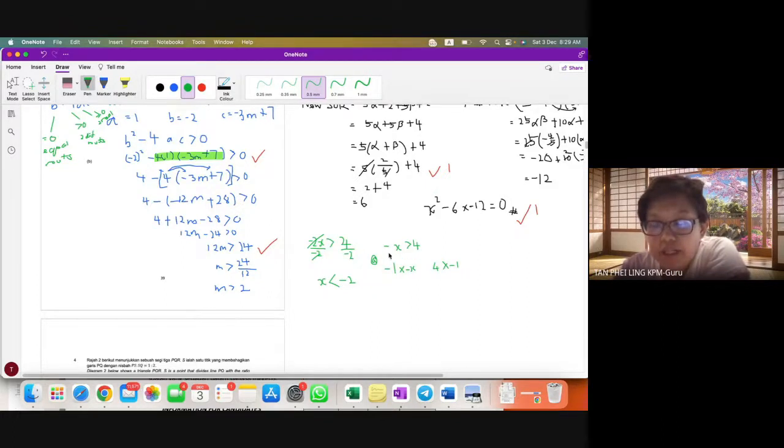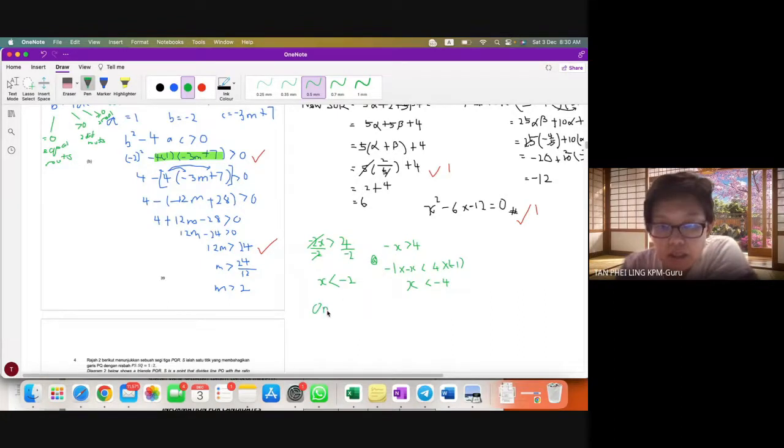So when this is negative 1, you have an alternative whether you want to times negative 1 or divide by negative 1 to make it positive. Once you multiply with negative, you have to change the symbol. So negative 1 times negative x, you get x. And then here, you get negative 4. Do you get me? Yeah. So I repeat now.